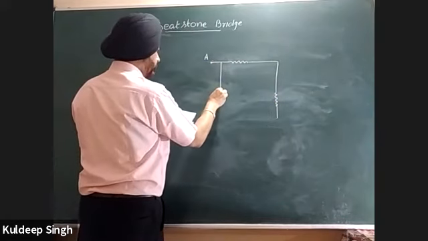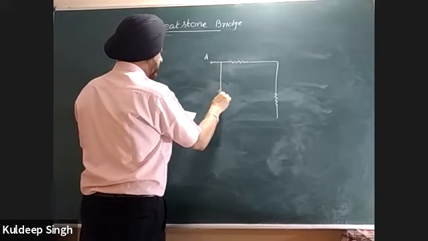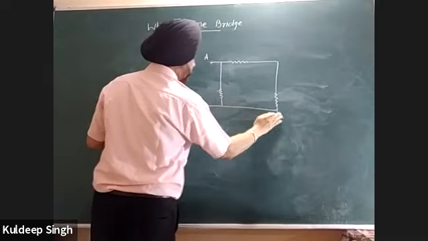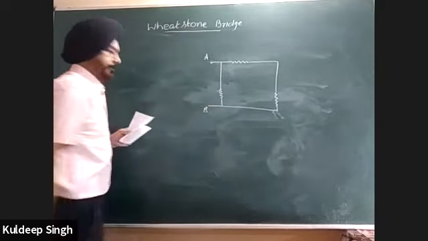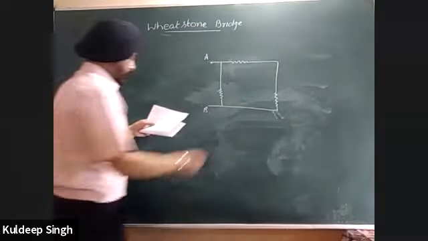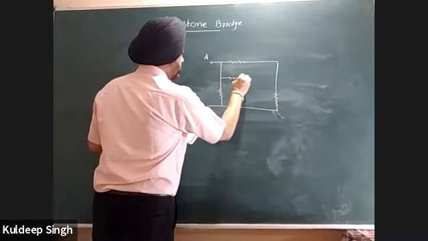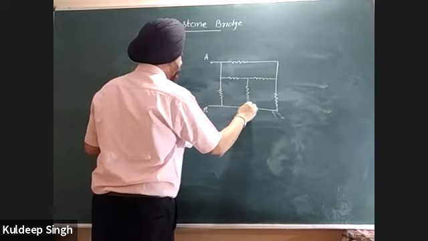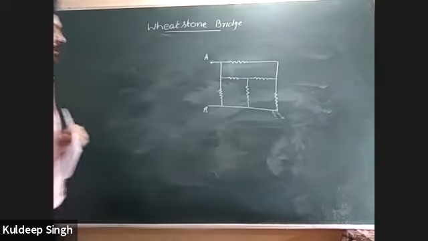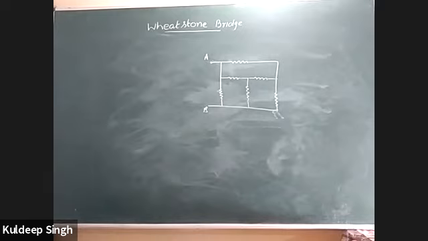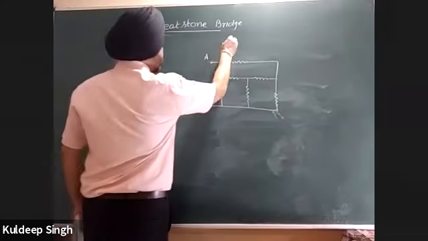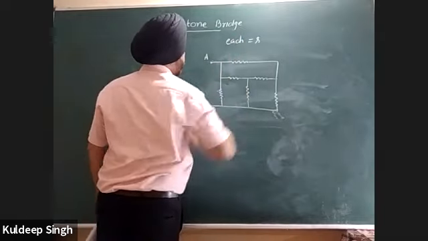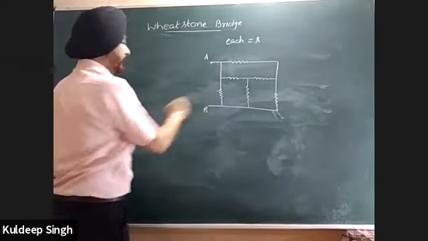Here we have one more resistance connected to B point, and two resistances here and one here. Each resistance is, let us say, equal to R. Find the resistance between A and B.